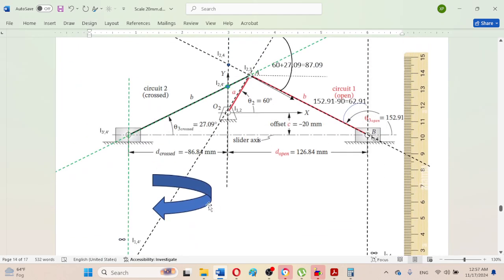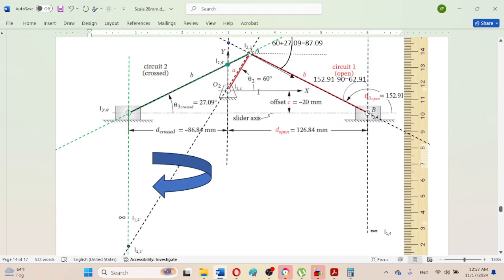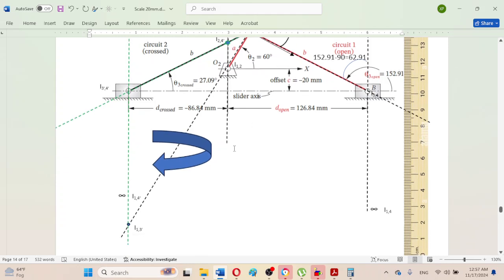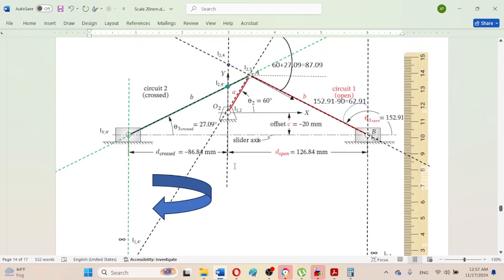So that can be seen here that as the angular velocity of the connecting rod is in the clockwise orientation, at this stage this velocity at a point has been shifted temporarily to the connecting rod.